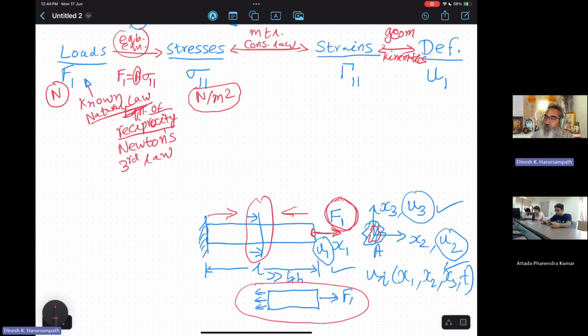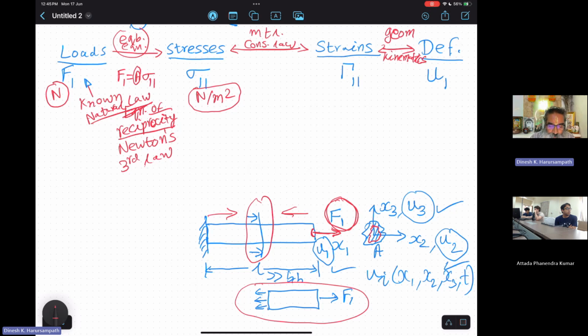So in this case, static equilibrium, but both F1 and sigma 1,1 could be functions of time as well, in which case it's a dynamic equilibrium. At different instants of time, they are of different values, but the product of sigma 1,1 into A continues to match F1, so that it's essentially a dynamic equilibrium that is taking place.